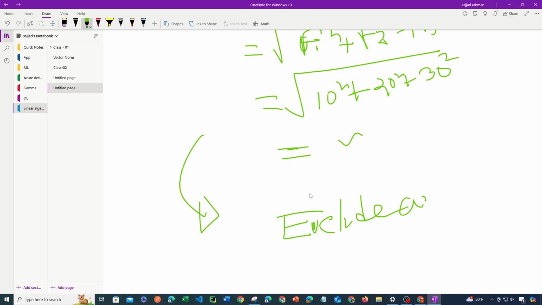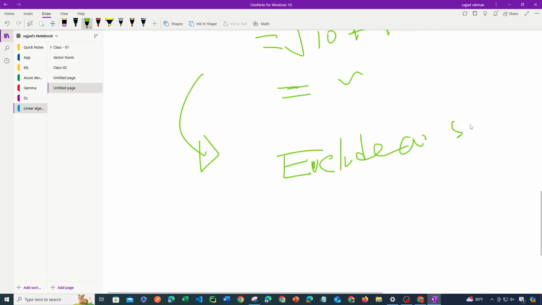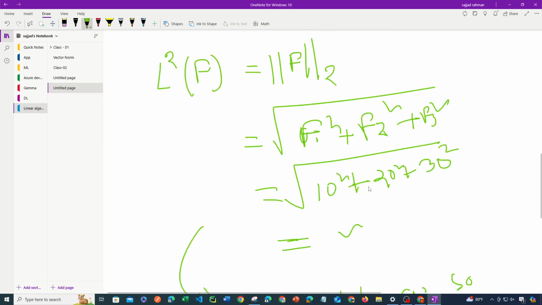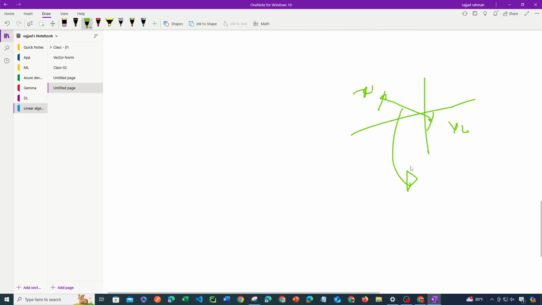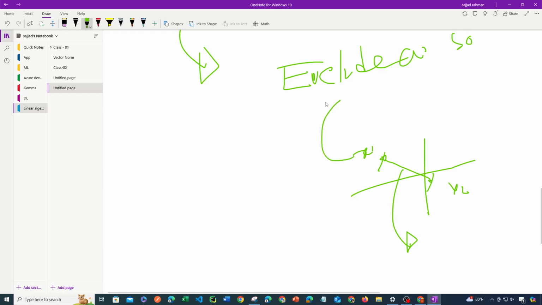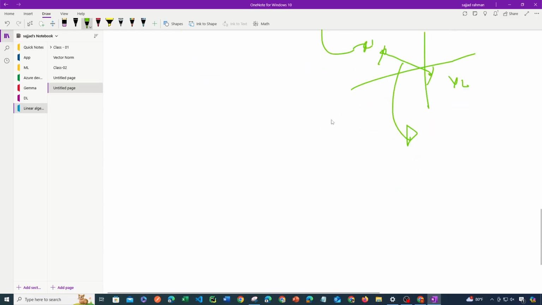You also hear the famous Euclidean distance. For example, if we have two points like this, x1 and y1, two random values, how do we find the line distance? I hope it is not related to the vector norm, but it is related by the name of the mathematician Euclid.